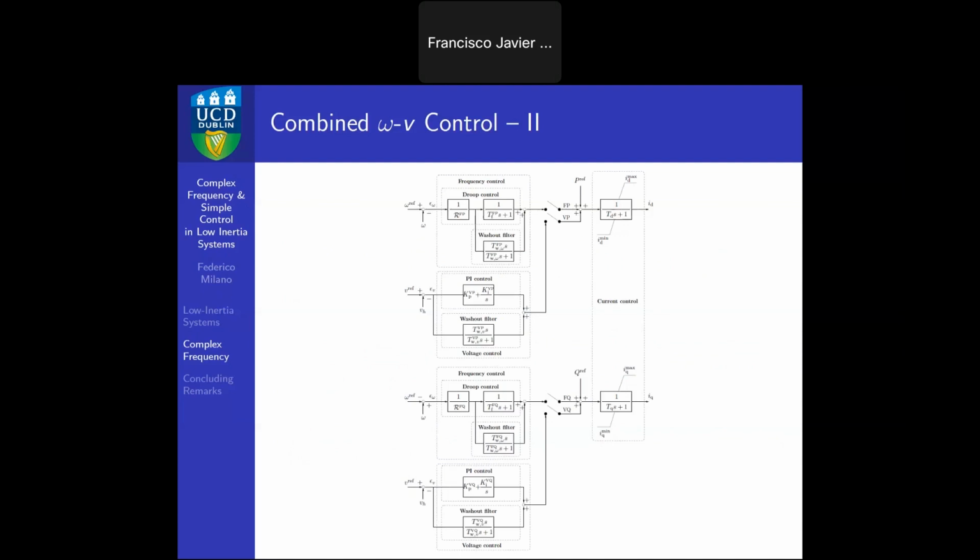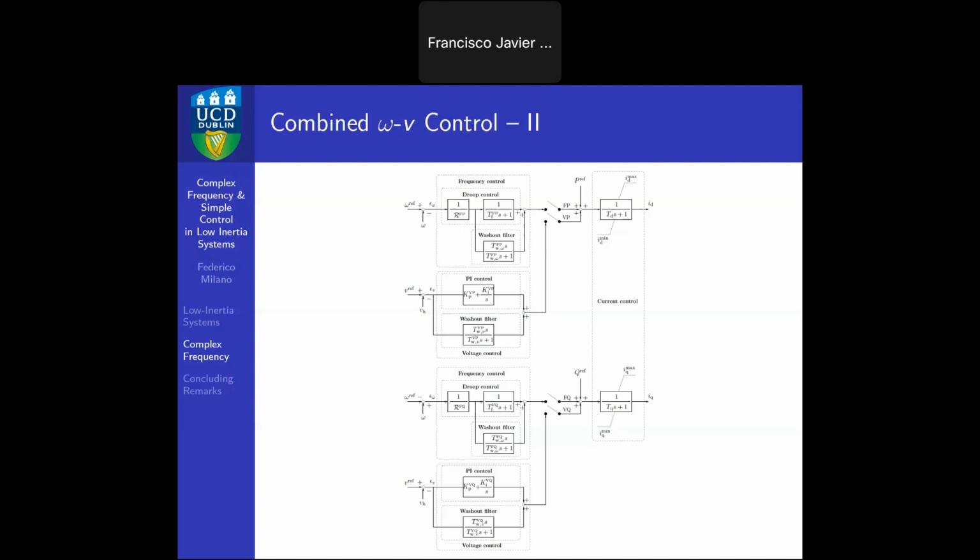I'm sorry that the picture is very small, but the idea is we have one channel for the frequency control through P, one channel for the voltage control through P, one channel for the frequency control through Q, and one channel for the voltage control through Q. We can activate or deactivate each one, using all of them or only a combination of them, and so compare them.